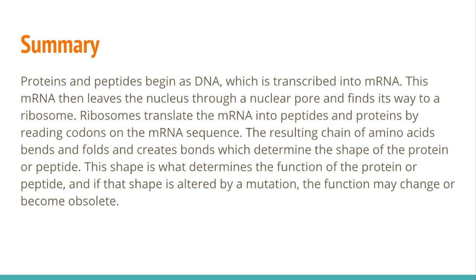If a mutation occurs, it has a potential to be silent, but it also has the potential to change the structure and therefore the way that the resulting protein or peptide bends and folds, and the shape and how it interacts with its environment and its function.